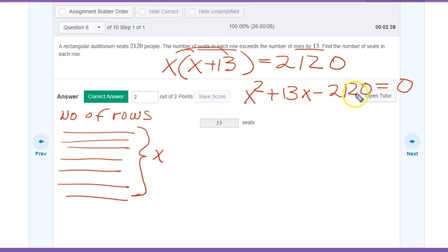Because this will factor, or put it into the quadratic formula. I'm going to factor it, but you can try the quadratic formula. Remember, you want to get an answer. And since it's number of rows and seats, it's going to be whole numbers. So you don't have to worry about radical numbers here.